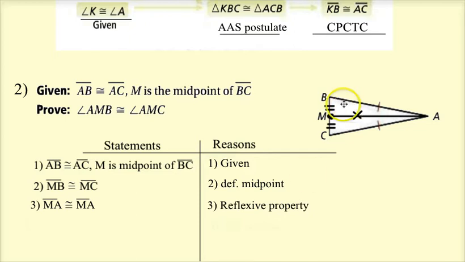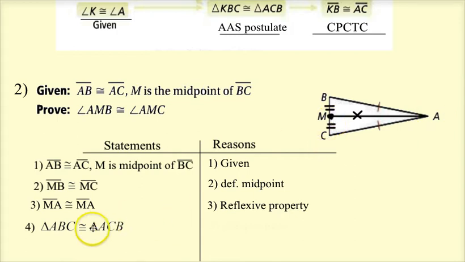Now see how it's nice to have the diagram marked? So now I can see that those two triangles are congruent to each other. So I can write that down, and the reason is side, side, side. I have three sides. So triangle ABC, I'm sorry, I did write ABC, but it should be ABM. Triangle ABM is congruent to triangle ACM.